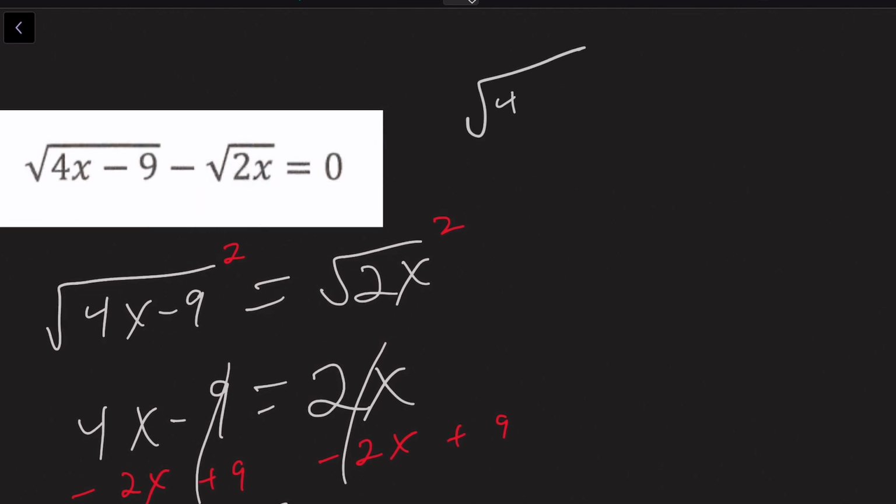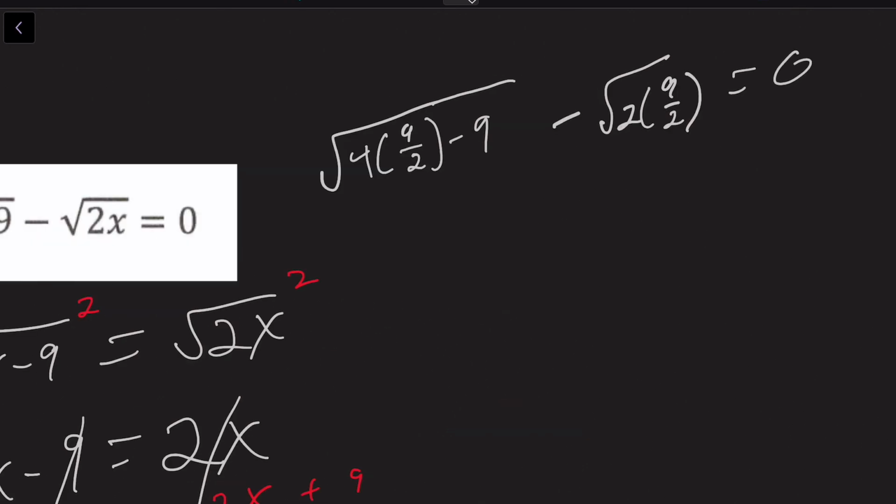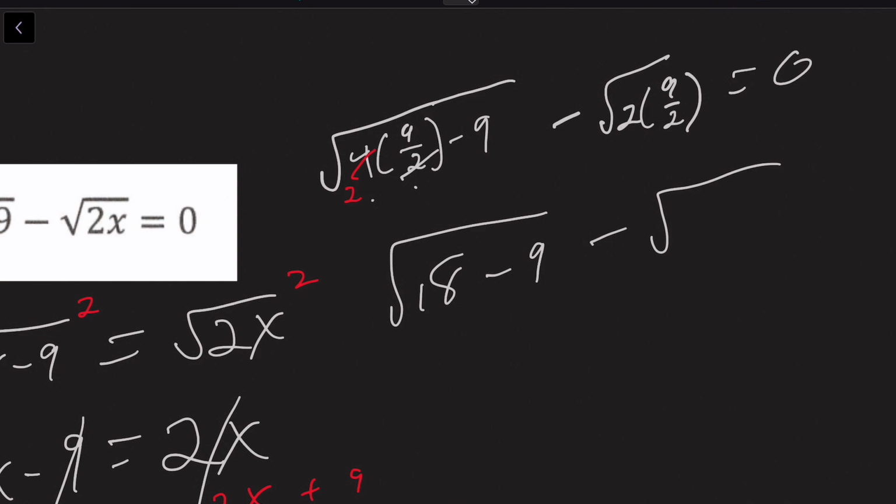Square root of 4 times 9 halves minus 9, minus square root of 2 times 9 halves is equal to 0. 4 times 9 halves, well, we can divide out one of the 2's, and we're going to be left with a 2 right here. So then it just becomes 2 times 9 is 18 minus 9, and that's all under the square root, minus the square root of 2 times 9 halves.